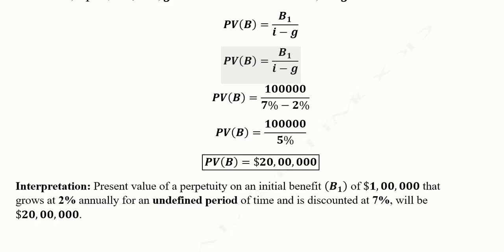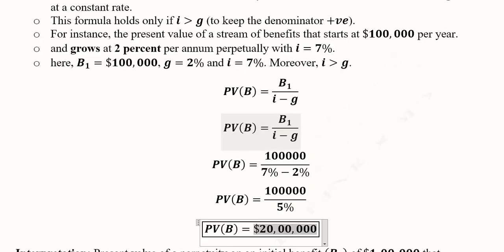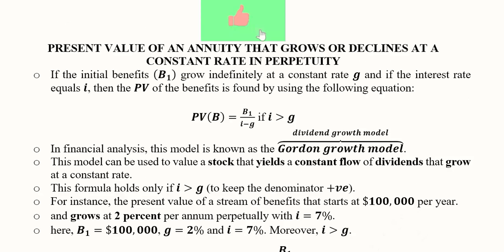Now this is the present value, and we can interpret it that if this is the initial benefit and if it grows annually at 2% for an undefined period of time at discount rate 7%, it will become this much. So this is how we can calculate the present value for perpetuity, where the growth or decline happens at a constant rate.